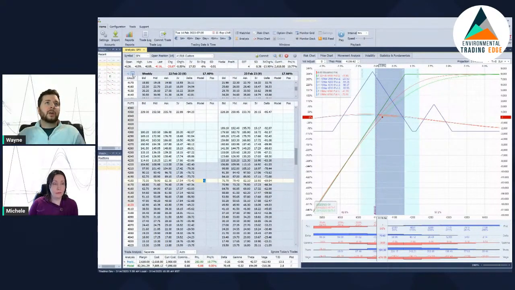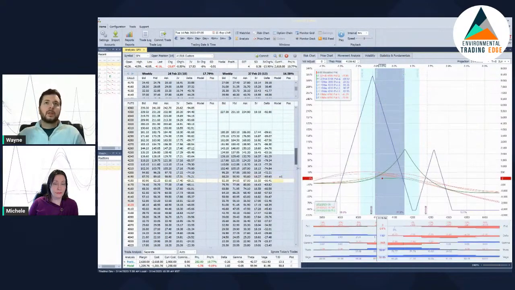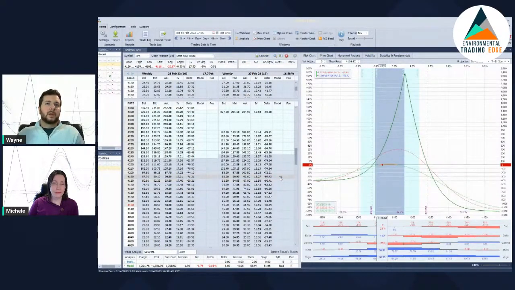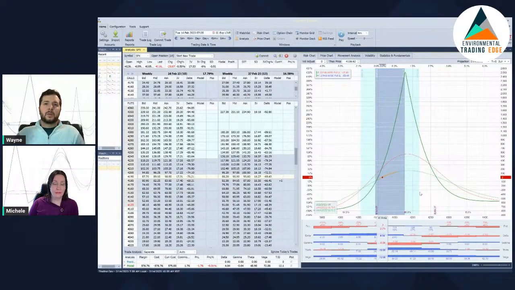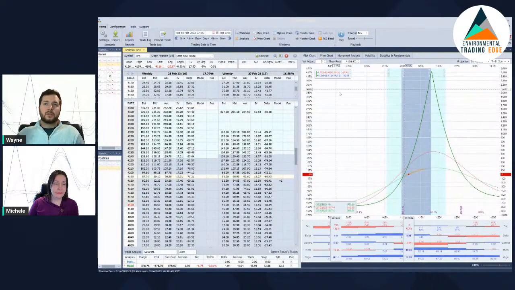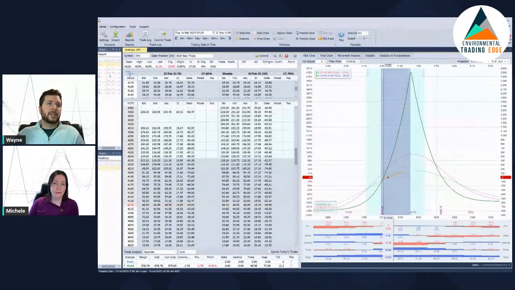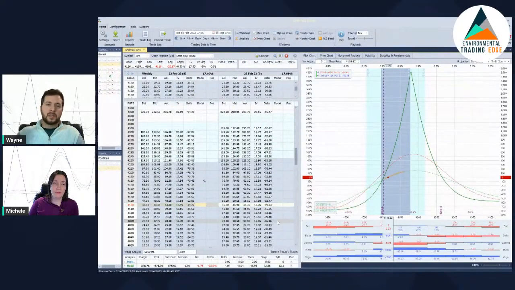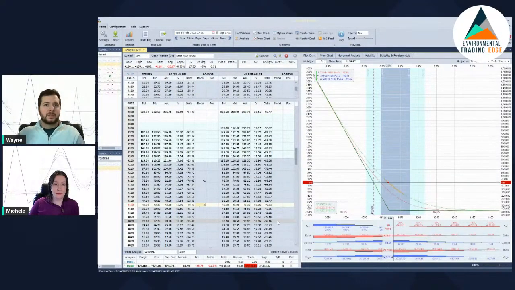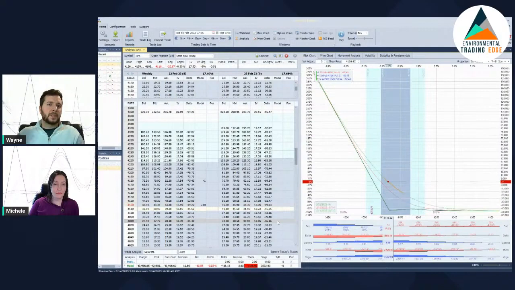So let's just say we're up here at... And let me go into a new trade. All right, so here's a relatively even calendar, right? 48-48. So let's say I'm trying to offset a trade with this.